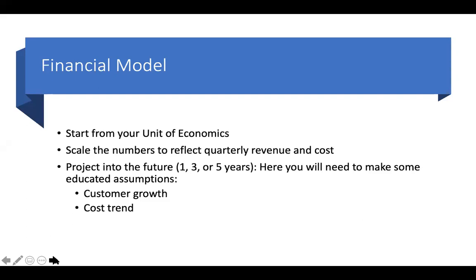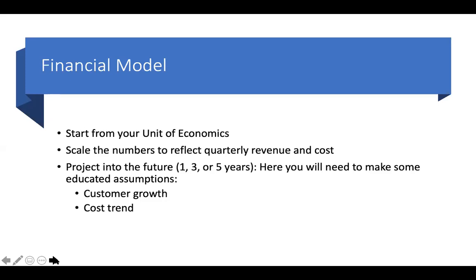In that case, some assumptions will need to be made about how your revenue and your costs will scale over time. But if you have your unit of economics, then determining this trend might be a little bit easier.